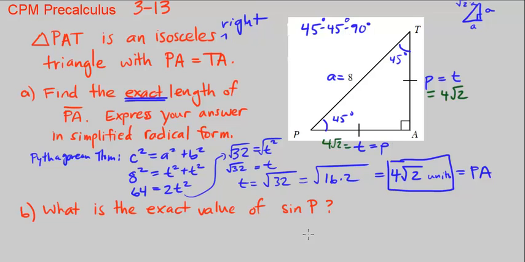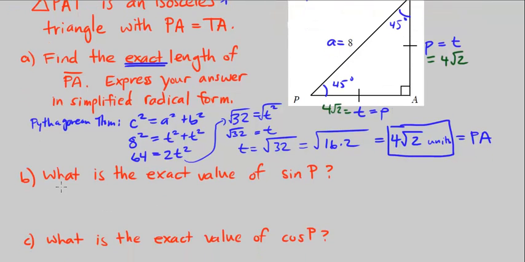So sine of angle P, we know from SOHCAHTOA, that sine is the opposite side over the hypotenuse. So sine of P is the opposite side of P, which is 4 square root of 2, divided by the hypotenuse of the triangle, which is 8. It's always the longest side, and here it's 8.